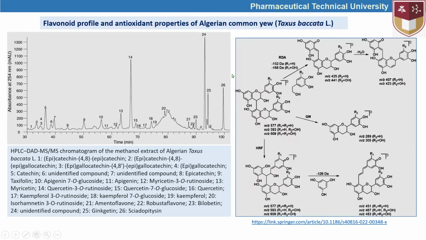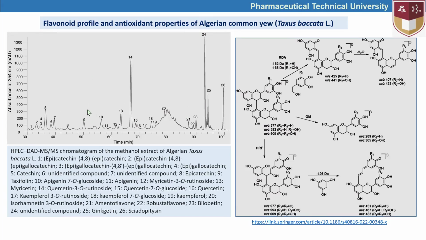And now in a few pages we are going to see the results obtained from the papers. The first one, these results were taken from the paper named flavonoid profile and antioxidant properties of Algerian common yew, Taxus baccata. Here we can see that the structure was established by using LC-MS, by using HPLC.